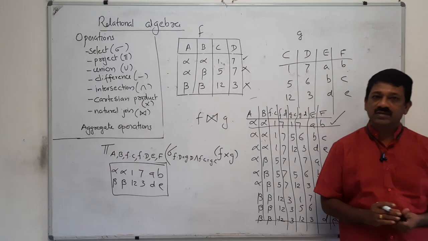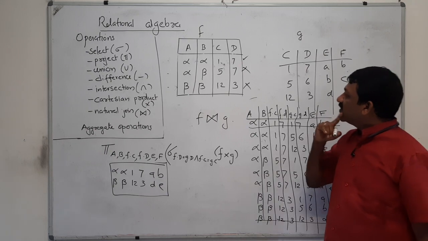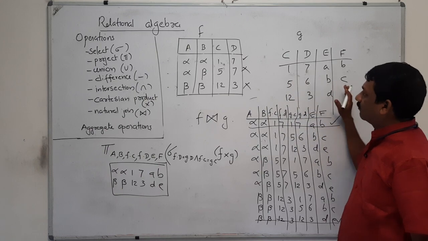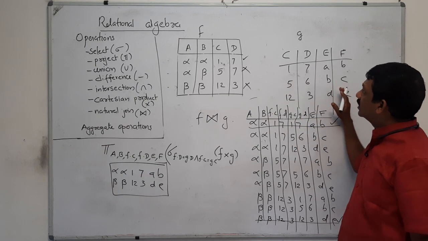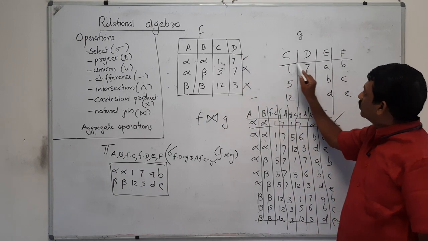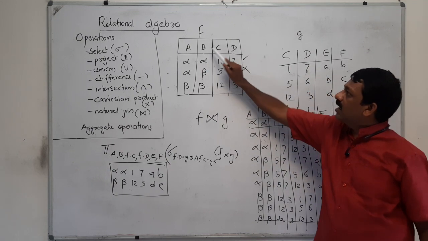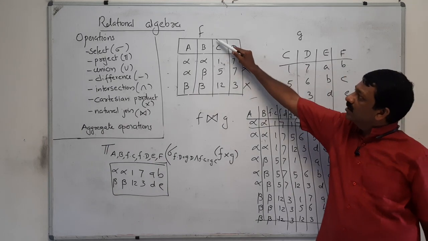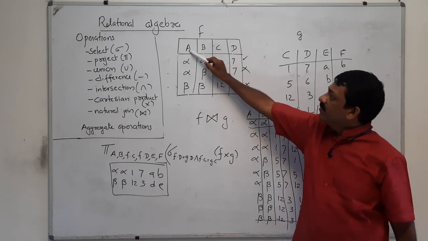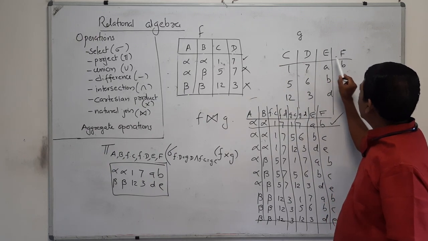In simple terms, this is the natural join. Natural join is, simply speaking, you are going to combine A, B, C, D and C, D, E, F. After doing the natural join operation, AB and EF, common to both F and G we have C and D. So AB from F, CD common, and from G you have EF.